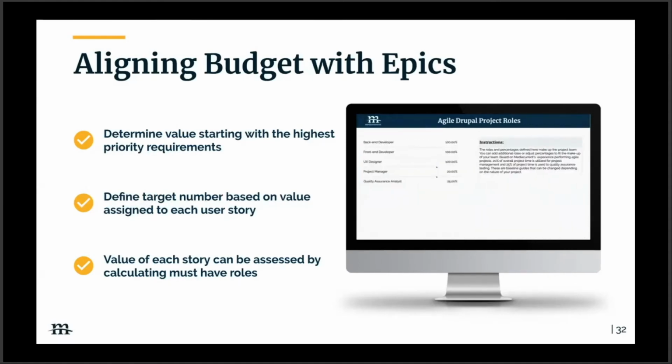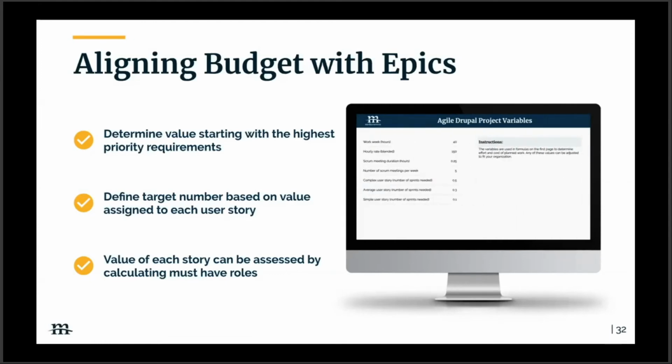And the way you get that value for each story is you tie the roles and the time frame that is expected to complete that story and that requirement. What's rotating on the screen are the various tabs that allows you to plug and play these roles, these time frames against stories to produce a budget number for each requirement.